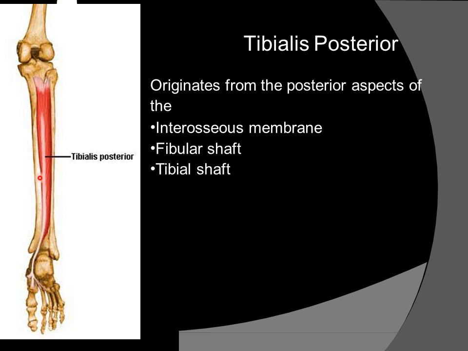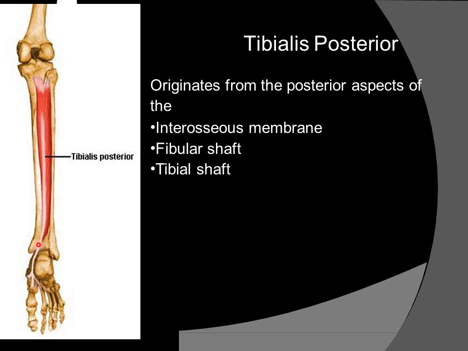Now the tendon of the tibialis posterior crosses deep to the tendon of flexor digitorum longus in the lower part of the leg. Then it grooves the back of the medial malleolus of the tibia.